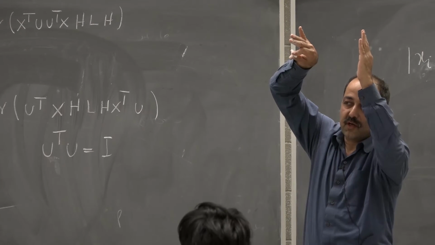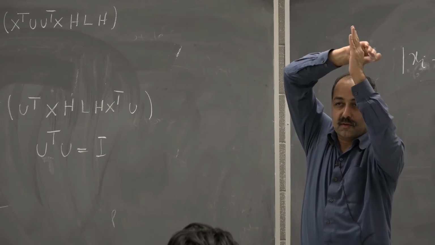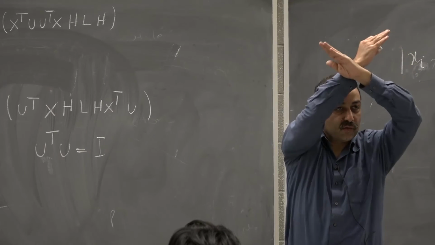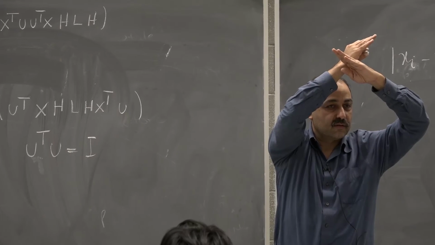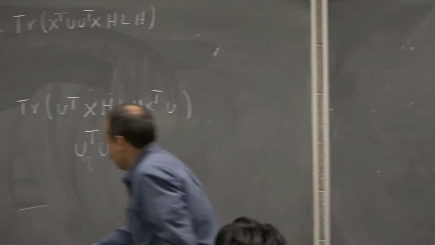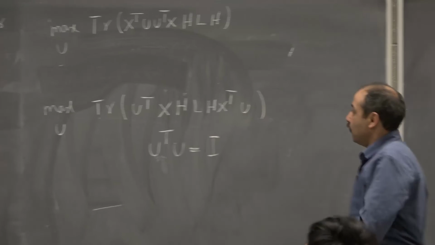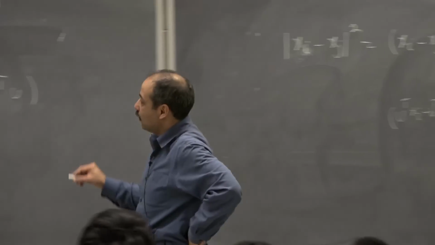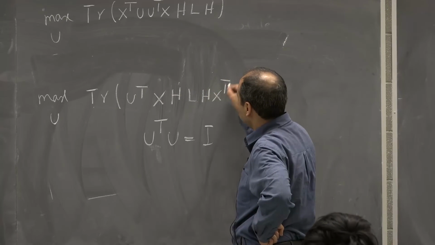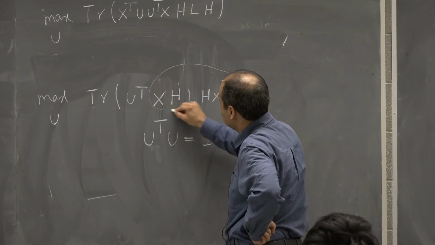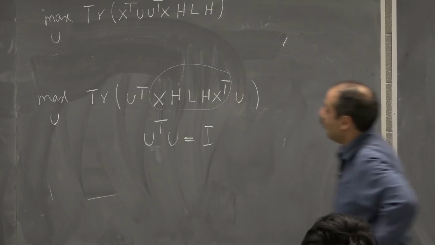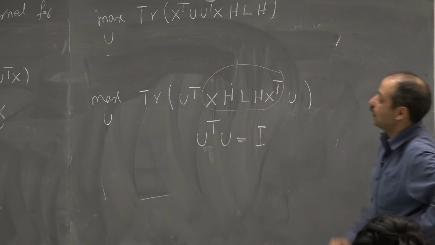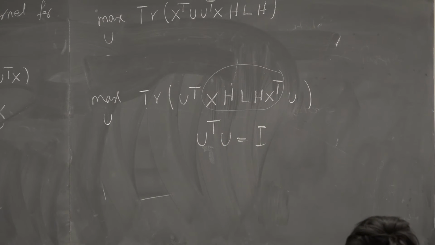U transpose U is I means they're orthonormal: the length of each of them is 1, and they're orthogonal to each other. So I have to maximize this. And X, H, L, H, X transpose is a known matrix. Maximize the trace of U transpose, a known matrix, U, subject to the constraint that U transpose U is identity.